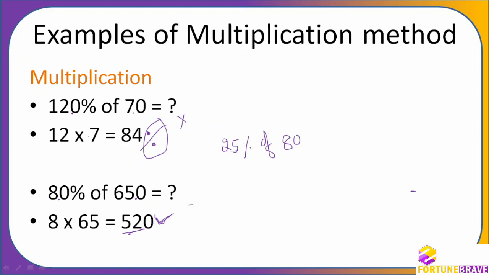Still, if that doesn't come to your mind, you can still do it. 8 into 2.5. 8 twos are 16, and 8 halves are 4, so it will be 20. So 25% of 80 is equal to 20. We can put a decimal here, so 2.5 into 8. Right? 8 twos are 16, 8 halves are 4. So 16 plus 4 is equal to 20. Are you able to understand?